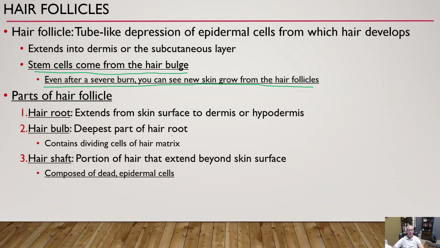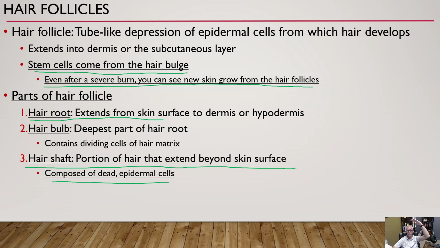All right, three parts of the hair follicle: the hair root, hair bulb, and the hair shaft. I'll actually start with the hair shaft. The hair shaft is the part of the hair that you can see. It's basically dead skin cells. Remember, it contains keratin. And then I'll go to the hair root, and that's what is underneath your scalp.